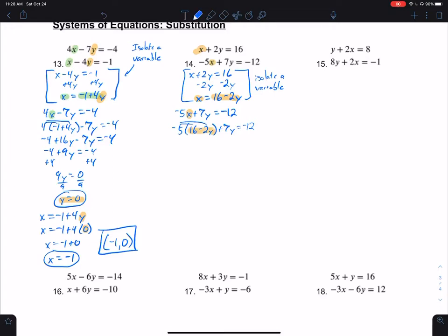So negative 5 times 16 is going to be negative 80 plus 10y plus 7y is equal to negative 12. Combine our like terms, so we get 17y. Let's add 80 to each side. 17y equals 68. And if I divide by 17, I should get y is equal to 4. Yes, y would be equal to 4 here.